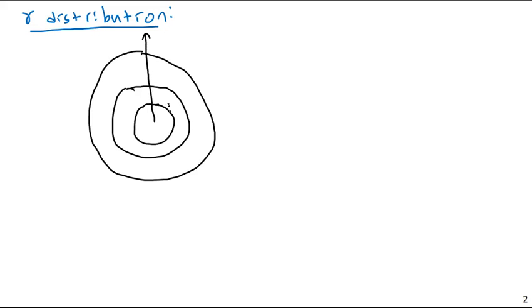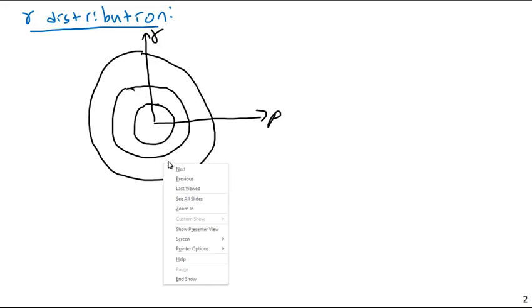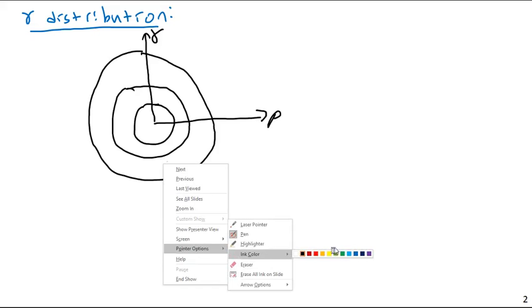Along the vertical axis, I'm going to plot our gamma, and along the horizontal axis, I am going to plot our rho. Now, let me label each of these things. I'm going to put some colors on here.